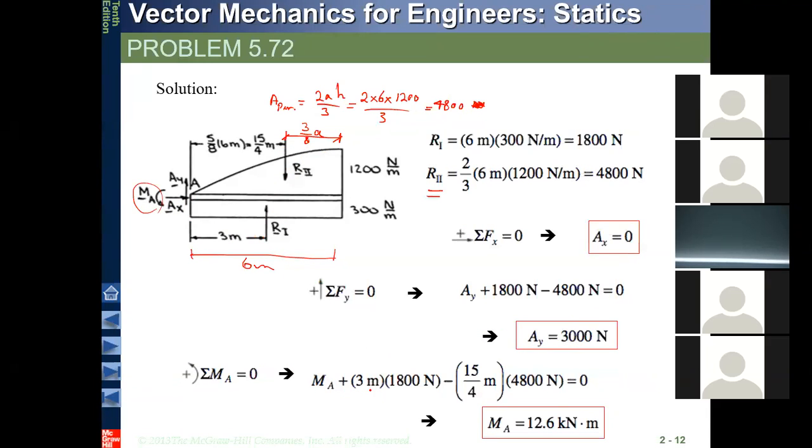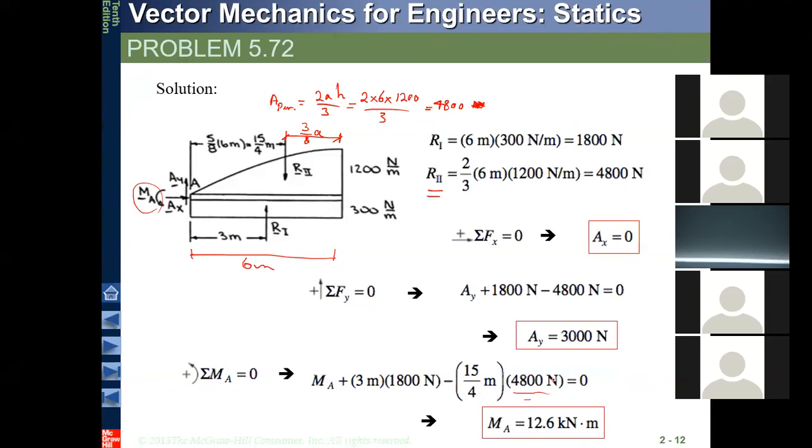And then you have for the 1800, which is r1, it is counterclockwise, so it is positive, and the distance is 3 meter, and R2 acts clockwise around point A, so you're going to have a minus sign, and then the distance is 5/8 of the distance, so it's going to be 15 over 4 meter, and then the resultant is also 4,800.